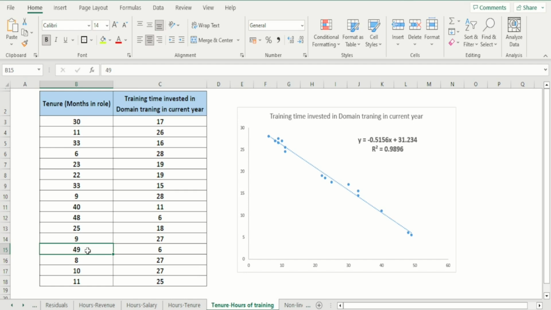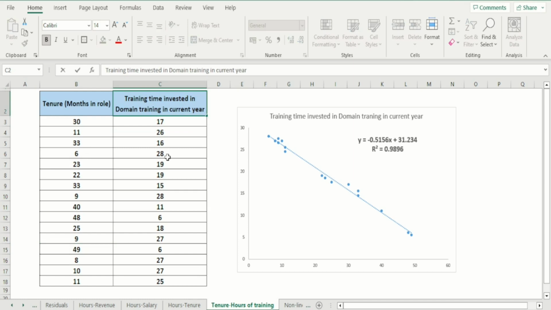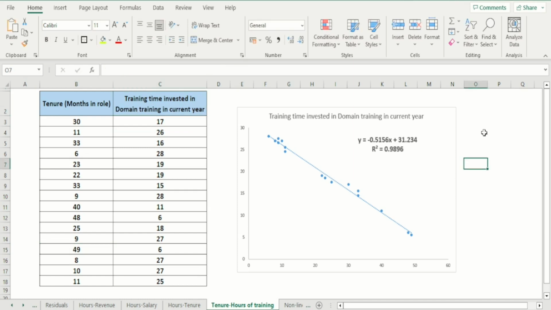Let's say you were asked to estimate the training time invested in domain training in the current year for somebody whose tenure was, say, 100 months. Since 100 months is far beyond this scale, it will be difficult for you to apply this model. You can't just extrapolate the data set like that, right?